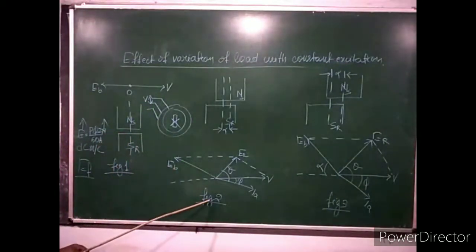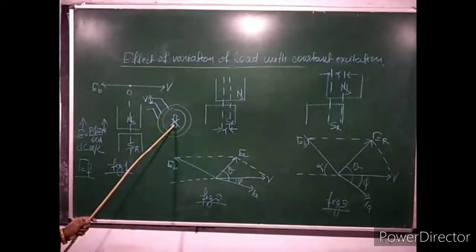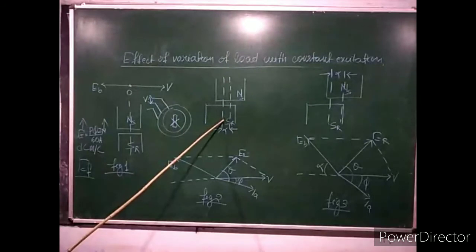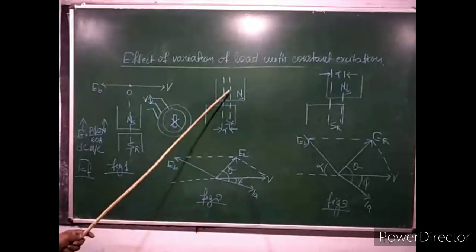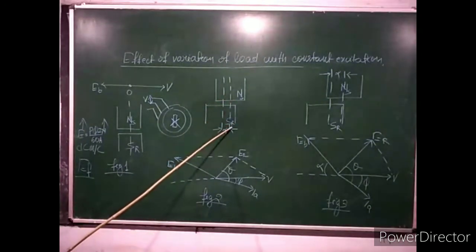Then come to the second condition. It means after synchronism, when the field is excited with the DC supply. So after synchronism, the prime mover is removed and the motor tends to slow down. It means the rotor pole lags behind the stator pole by some angle alpha, called the load angle.